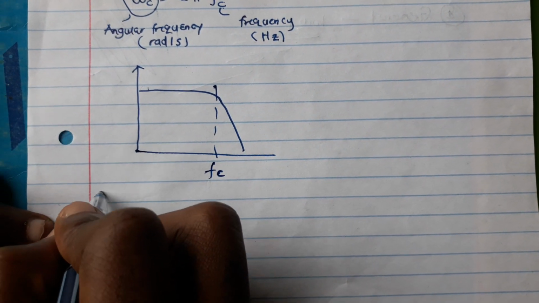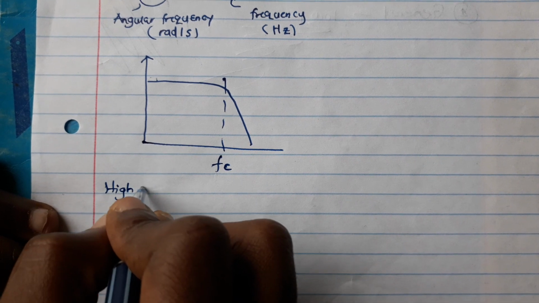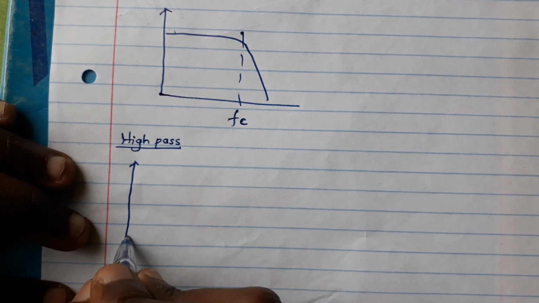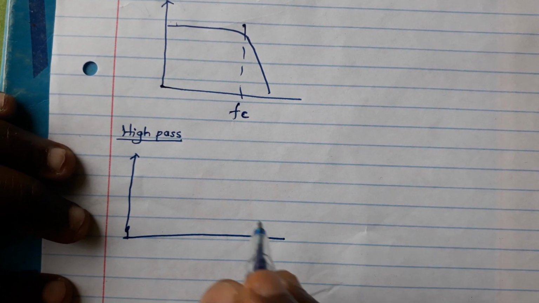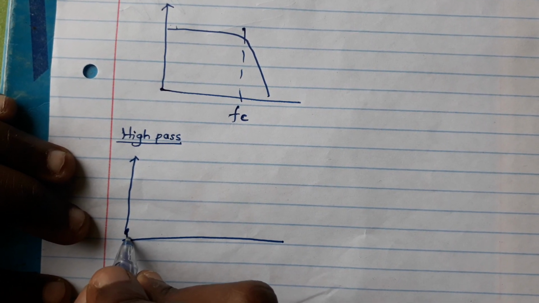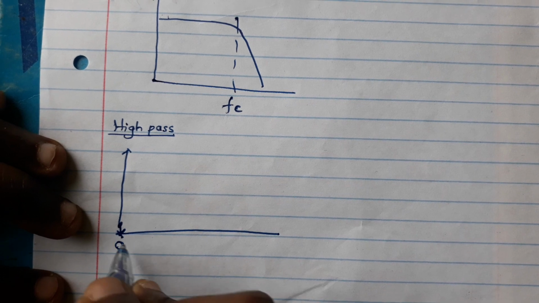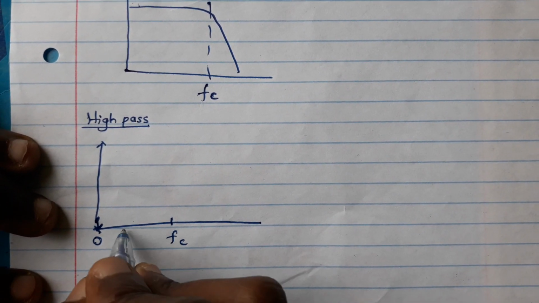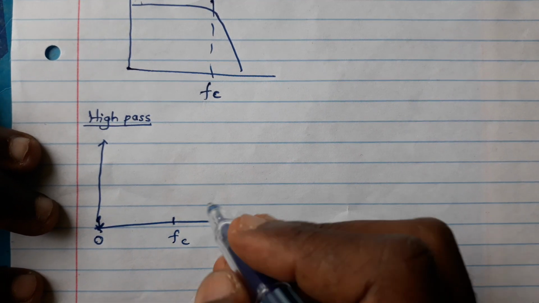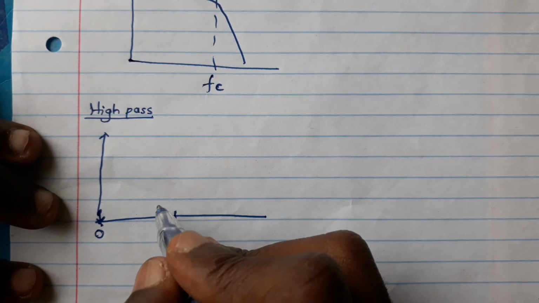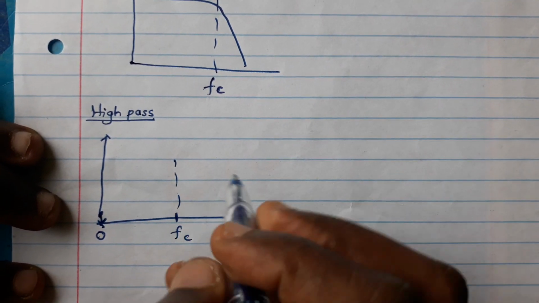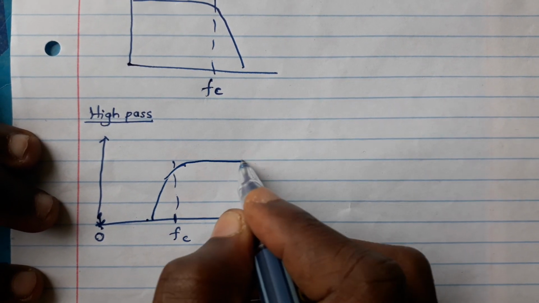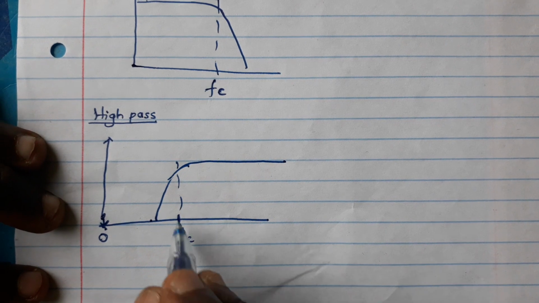The second classification is the high-pass filter. In the case of a high-pass filter, as the name suggests, low frequencies, from 0 to a certain frequency FC, are not allowed to pass. The frequencies that are viable in this case are those beyond the cutoff frequency.